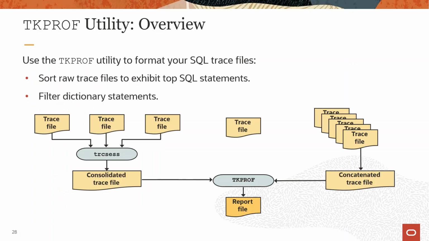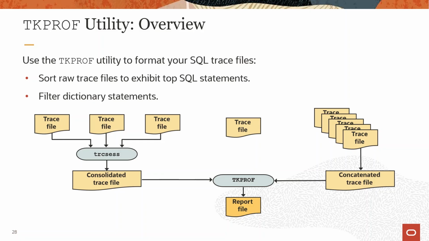Now, the tkprof utility parses SQL trace files to produce more readable output. Remember that all the information in tkprof is available from the raw trace file. So tkprof is not going to overwrite a trace file.